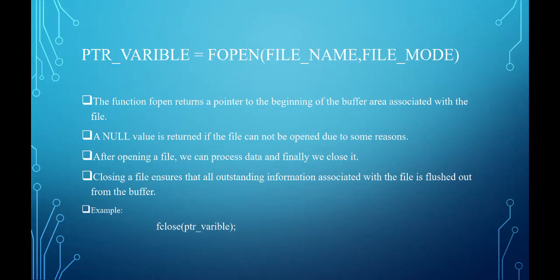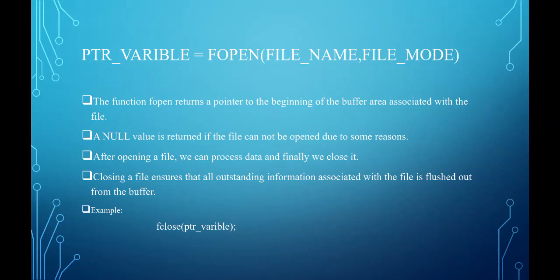Here fopen is a function that returns the beginning of the buffer area associated with the file to the pointer variable. If a file can't be opened due to some reason, it will return a null value.